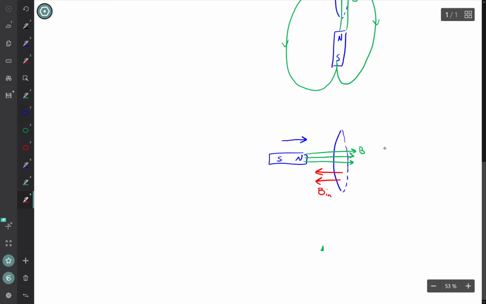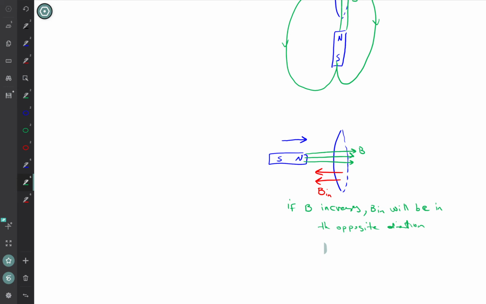Make sense? So that is always the case: if B increases, which means you have moved the magnet towards the loop, then B induced will always be in the opposite direction. Now if B induced is to the left, which is the case here, please put your thumb along B induced and curl your forefingers.